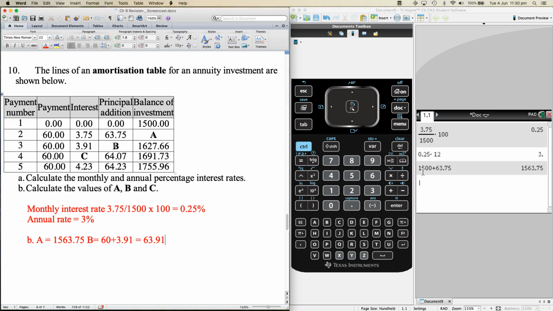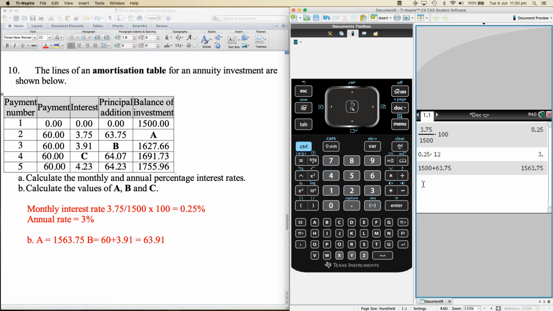Now, we could even check if that makes sense. We've worked out what A is. We worked out A was 1563.75 here. So the other way that you could work out B is just to take the difference between the balance here after payment 3 and compare it to this balance we found in A.